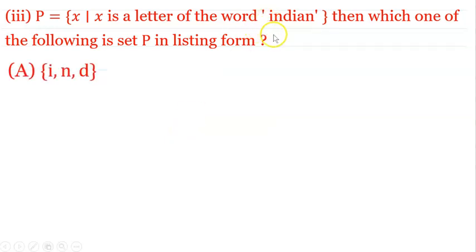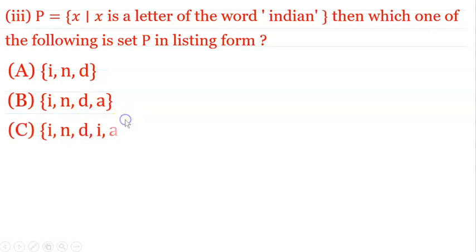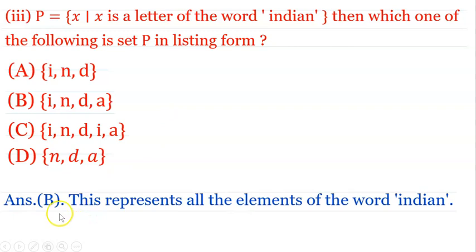Let us see what will come: I, N, D, A. First A, I, N, D. Second I, N, D, A. Third is I, N, D, I, A, where I is repeated. N, D, A is missing I. Therefore option B is the correct one. I, N, D, A represents all the elements of the word Indian.